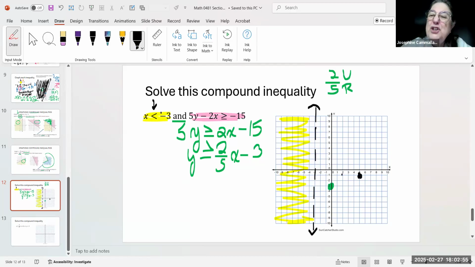And then I'm going to do the opposite, which is down and left 2, 5 from my green dot. 1, 2, 3, 4, 5. That's right here. Now this has a solid line.